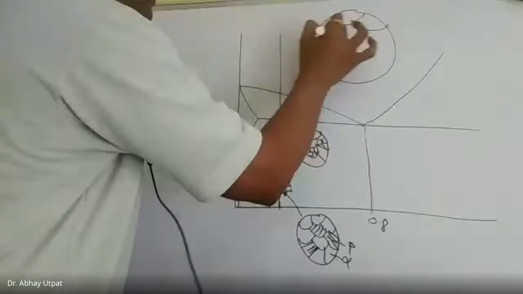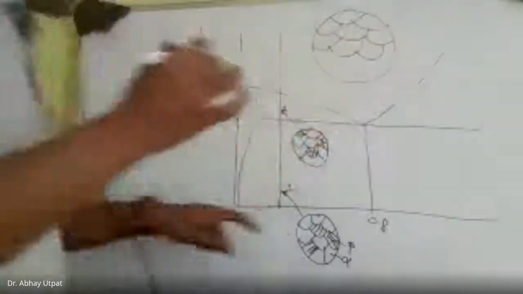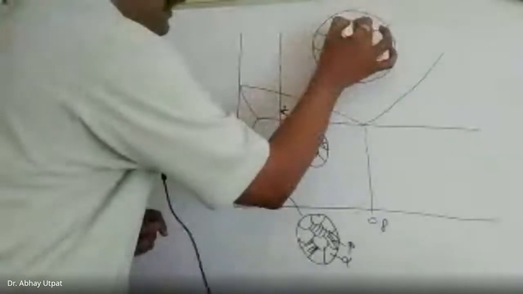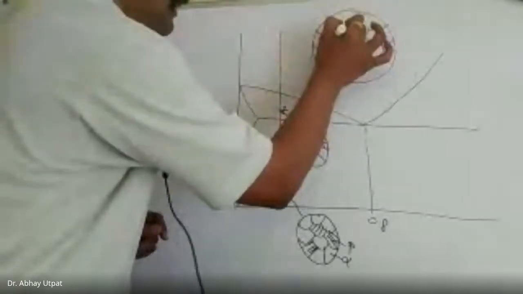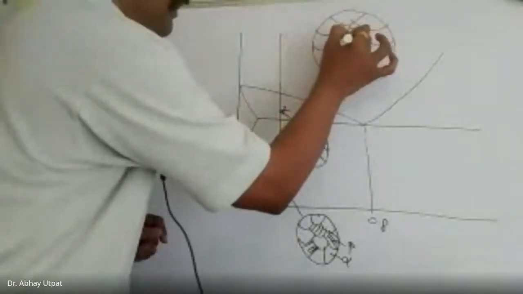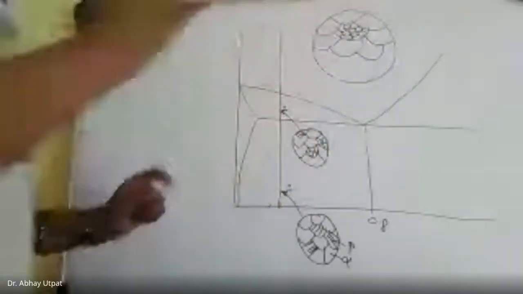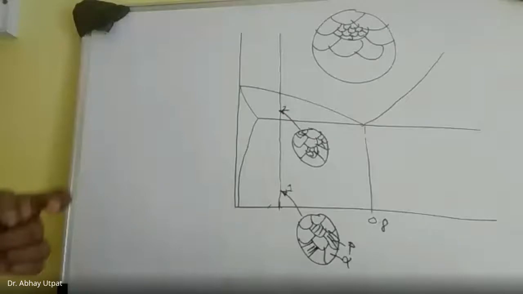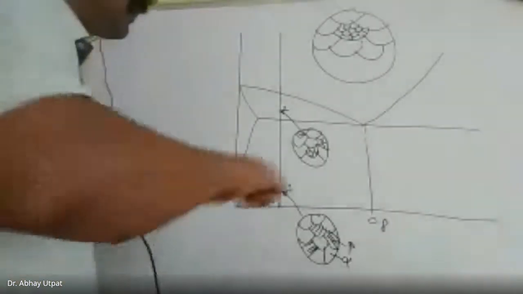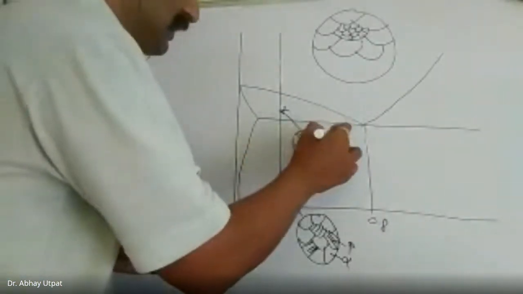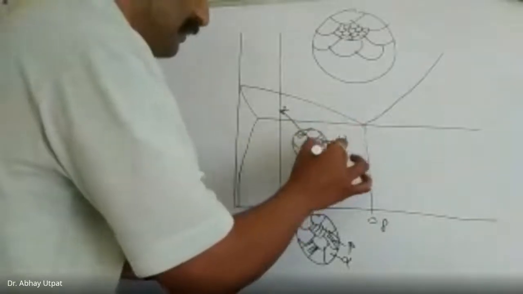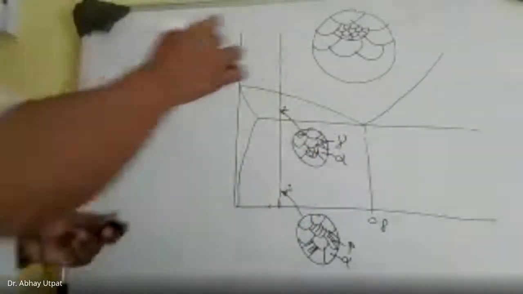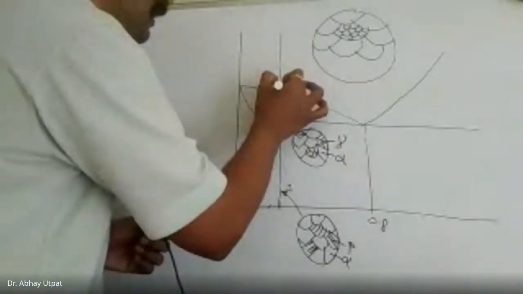This is the structure which I have drawn here, and where there is pearlite, again draw small grains in that big grain. Means pearlite is converted into austenite. In this way you show. So this is alpha plus gamma at point number 2.